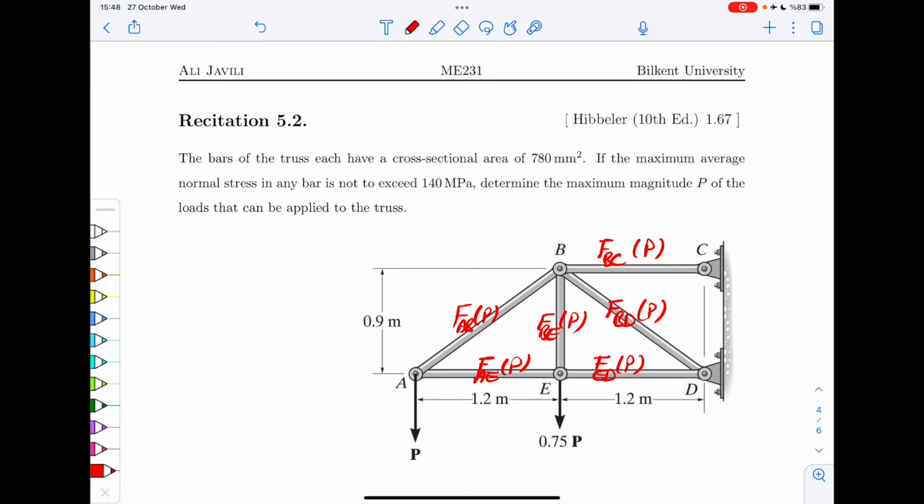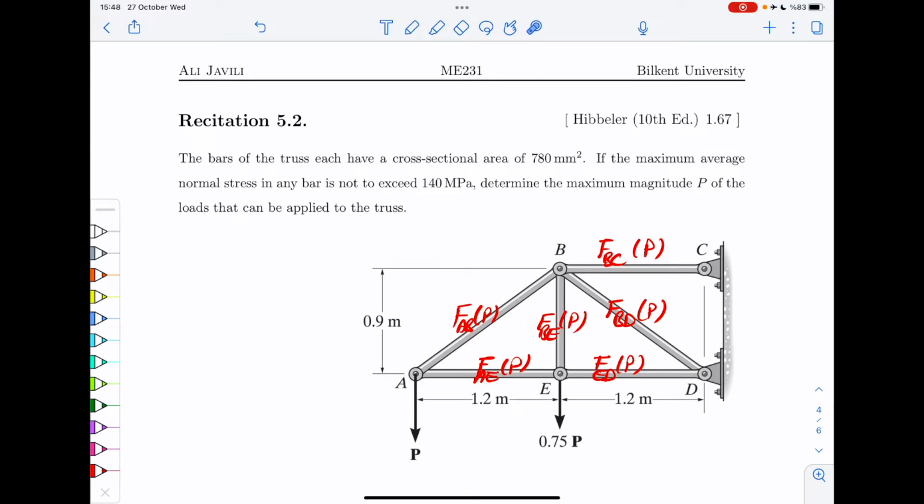And then among those, you will see one of them comes with a higher coefficient of P, or higher impact of P. So that one would be the most crucial member. For that member, then we decide how much P would be. Does that make sense?